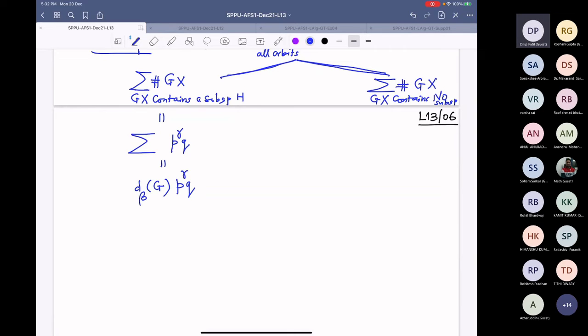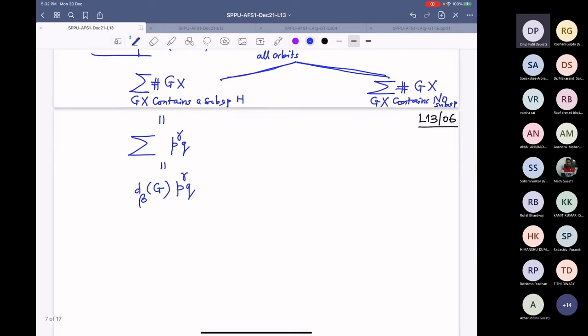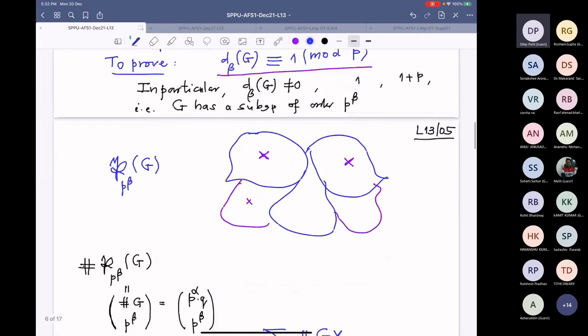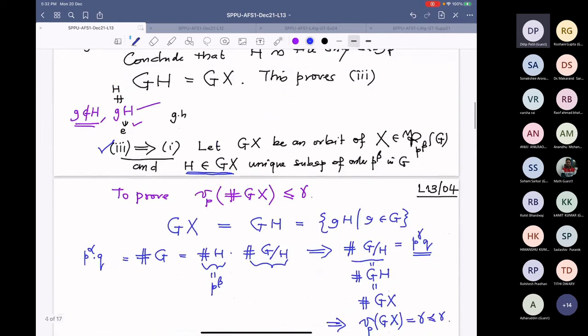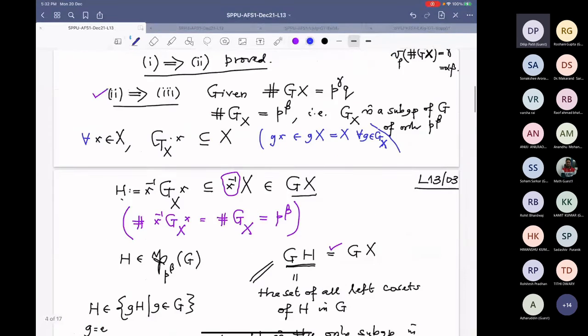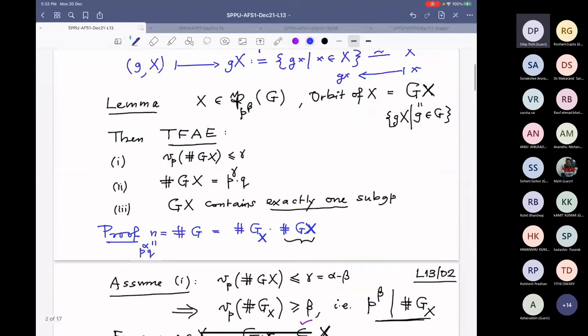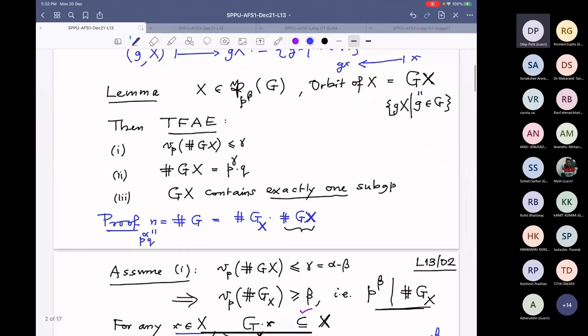All right, what about this? Then the cardinality is not this. The second says the cardinality is p power this, so it doesn't contain a subgroup. Therefore, what is the negation? The valuation VP of the cardinality should be strictly bigger than alpha.